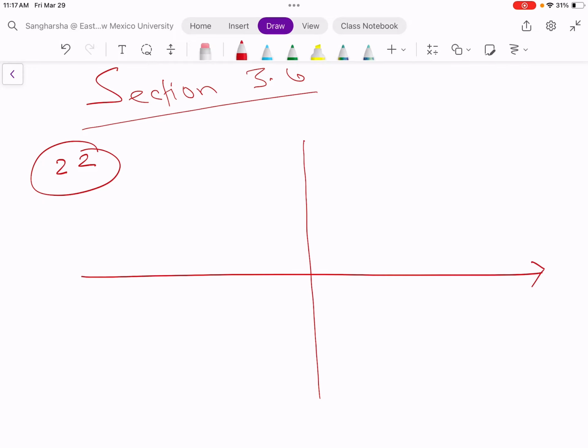So let me draw the graph here. This is 1, 0, this is negative 1, 0. You have a vertical line at positive 1, or you can have a solid line, and the graph is like this.